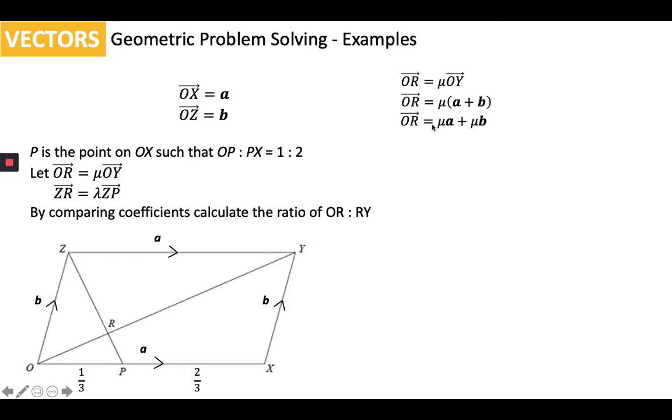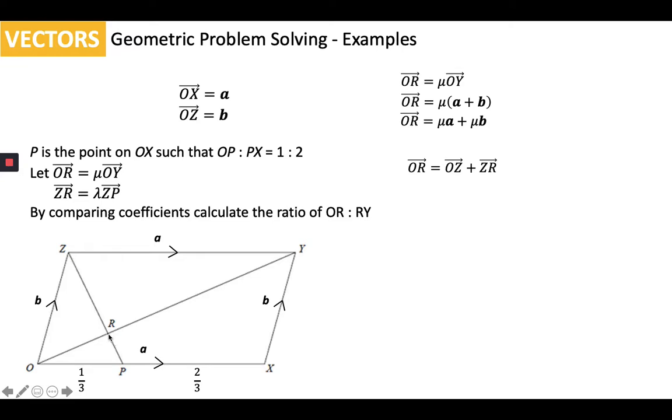The way I can gather more information in this case is by finding a different pathway to get OR. I found OR by using OY. I now want to find a different way of defining this vector. So I'm going to use this one. OR is OZ plus ZR.